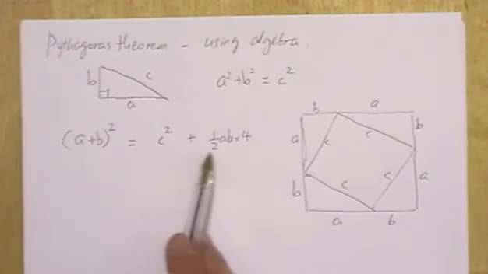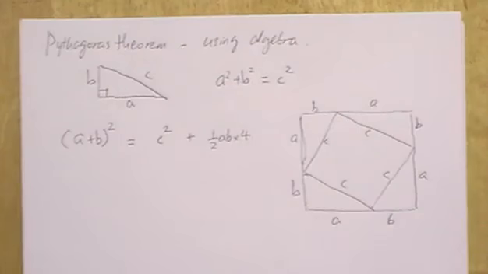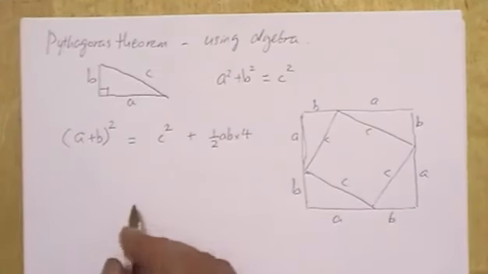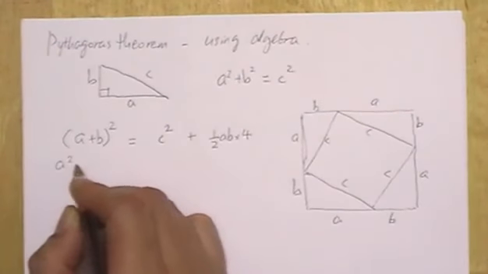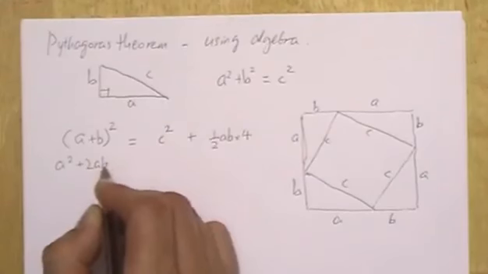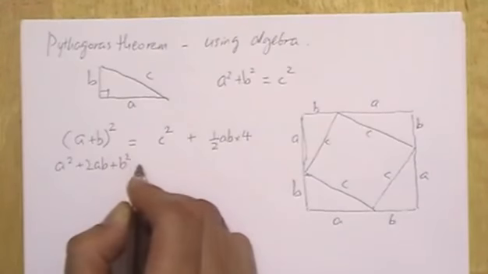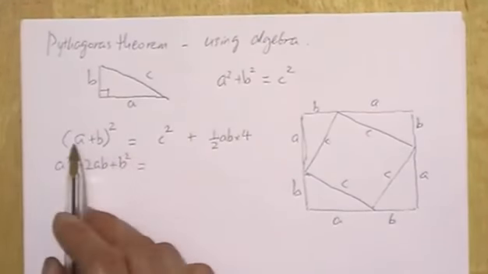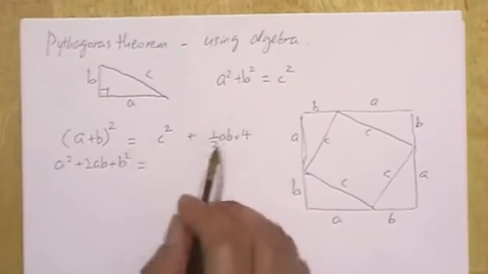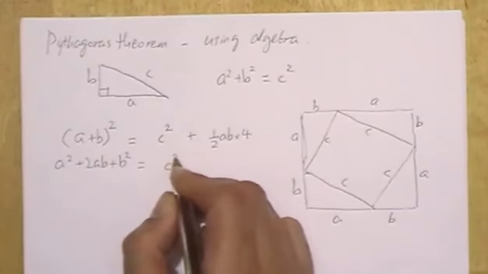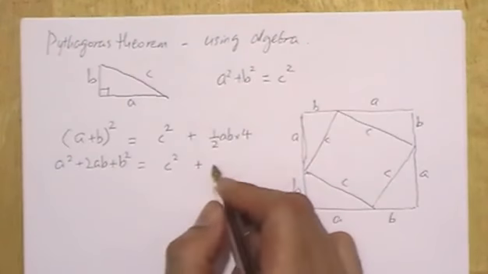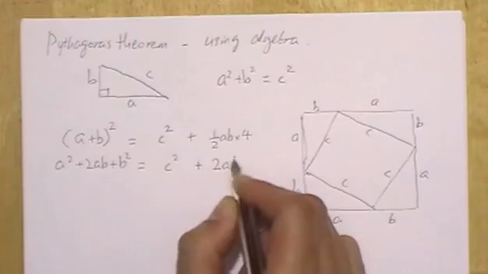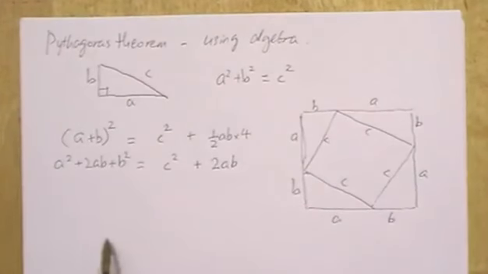And if we simplify this, we would get the Pythagoras Theorem. Let's try. A squared plus 2AB plus B squared is what we get if we expand A plus B squared. That's C squared plus half times 4 is 2, so this is 2AB.